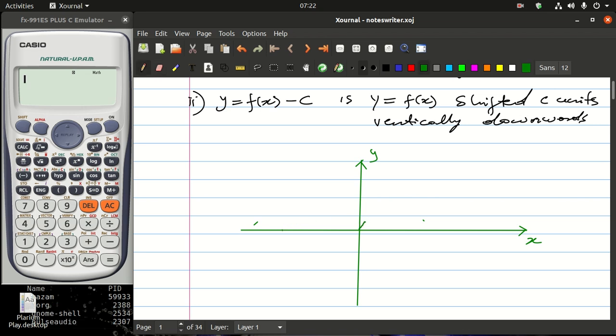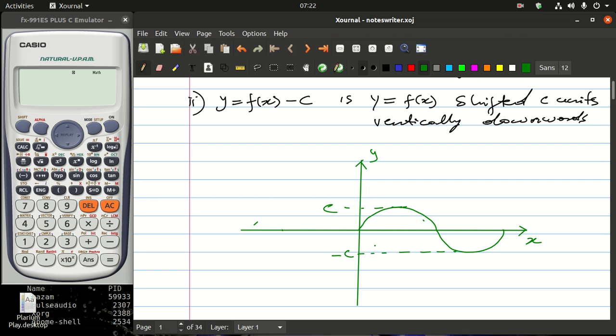Let me try like this, and this point here is minus c, and this point there is c.